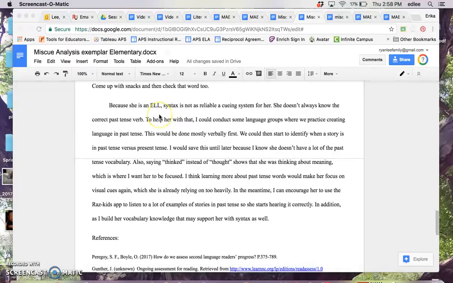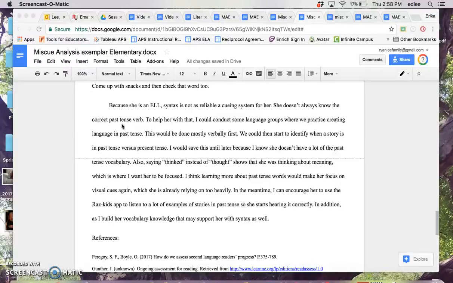The teacher notices with this student that one of the places is verbs and the tenses of verbs and how that affects syntax. She discusses an instructional implication here with some language groups where they would practice creating language in the past tense, so that the students would have this language in their oral language first.